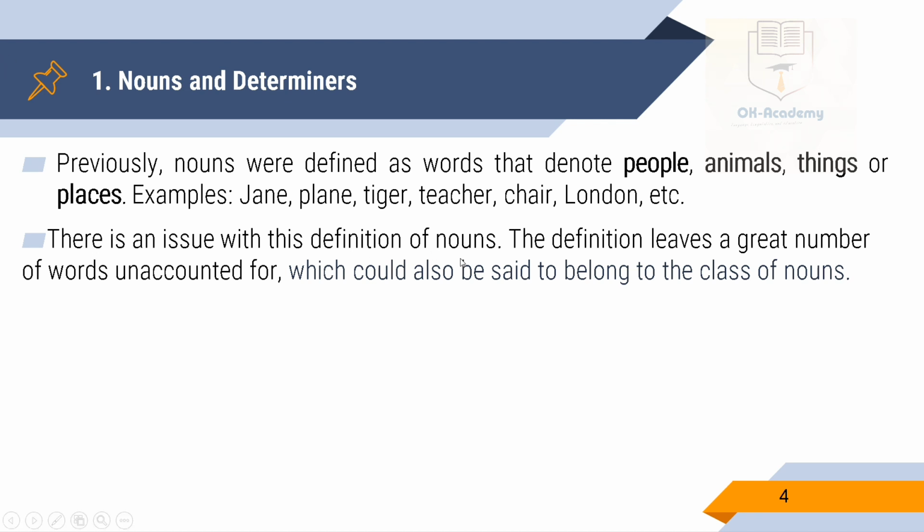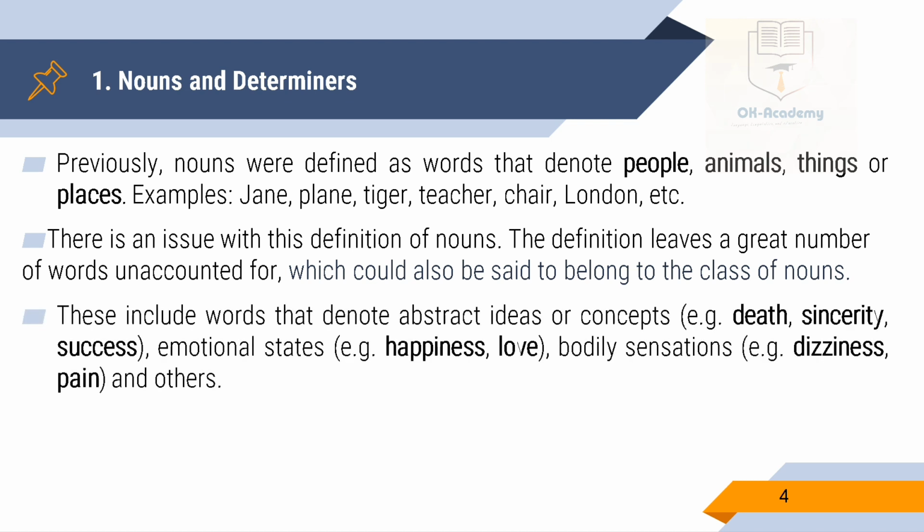But there's an issue with this definition of nouns. The definition leaves a great number of words uncounted for, which could also be said to belong to the class of nouns. There are many things which are not people, animals, things or places, but they are still considered to be nouns.